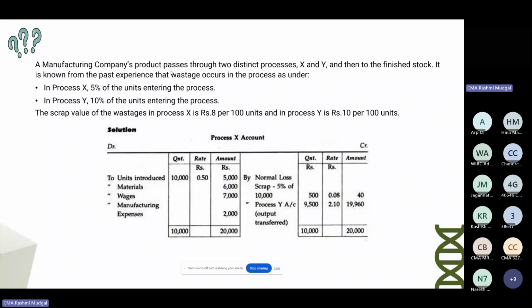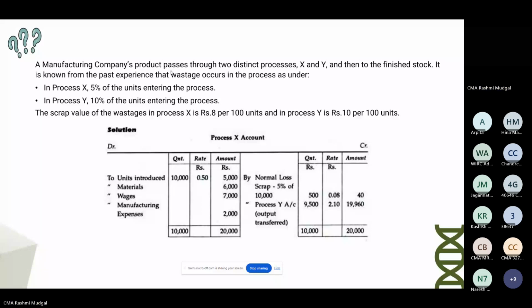So whatever comes from process X to Y will be reduced by 10%. The scrap value of the wastage of X is 8 rupees per 100 units, and of process Y is 10 rupees per 100 units.